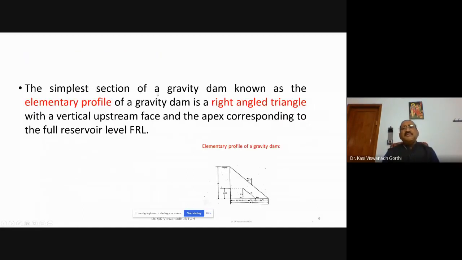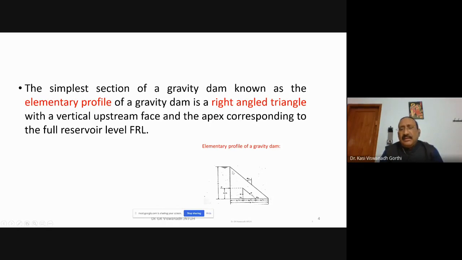The simplest section of a gravity dam is a right angle triangle. As can be seen in the figure, the simplest section is a right angle triangle, and this is called the elementary profile of a gravity dam. So what are the features of this? It is a simple triangular section, and the apex of this triangular section would be exactly at the level of the FRL, full reservoir level.